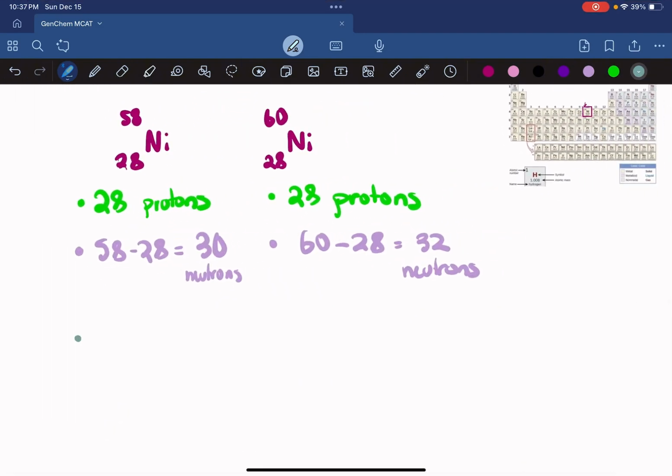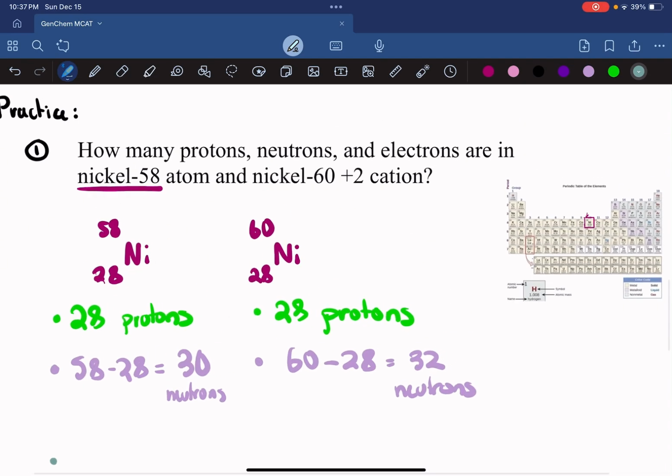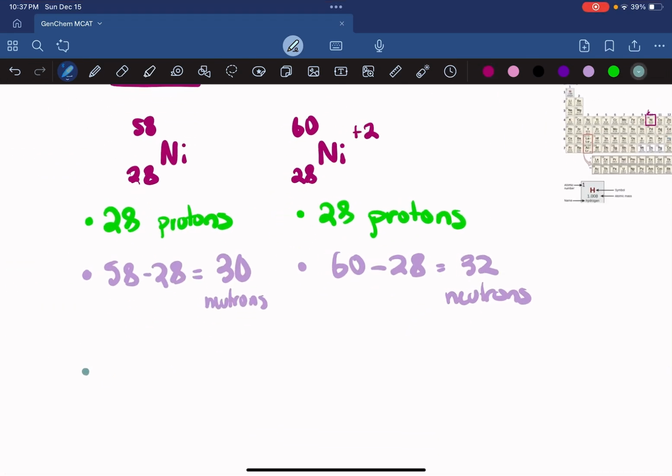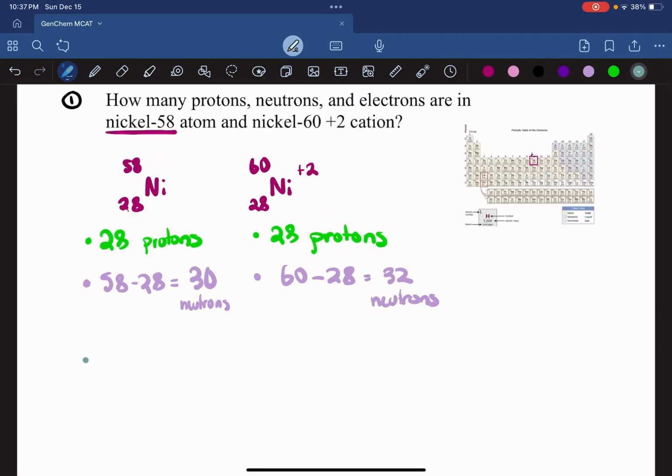So remember, the number of electrons is the same for atoms of an element unless there is a positive or a negative charge on different atoms, okay? So we know that nickel-60 has a +2 charge in addition to it being a different isotope than nickel-58. So let's work with that positive charge. Nickel-58 does not have a charge, so that means that it has 28 electrons.